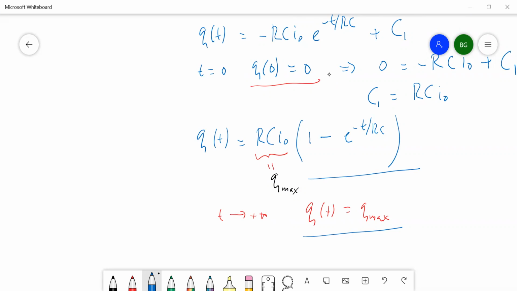So there is Q max times 1. Anything else? Any question?